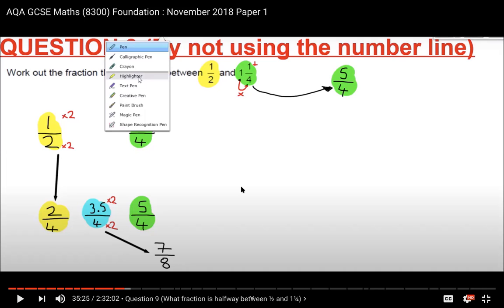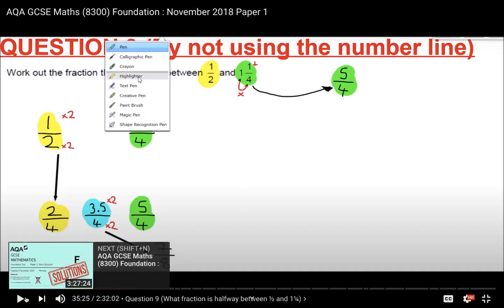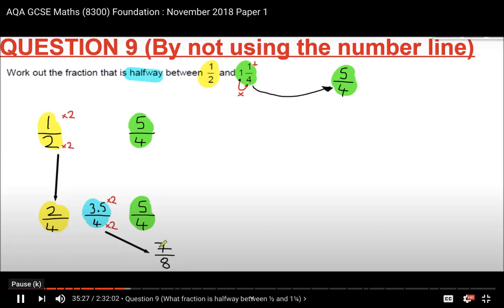You have to double it, and then double the numerator, double the denominator, you get 7 over 8. Okay? Now, listen carefully to the number line method, okay? Is the fully simplified fraction, which is halfway between these two, which has both the top and bottom number as whole numbers. Now we're going to have a look at using this number line to help us.